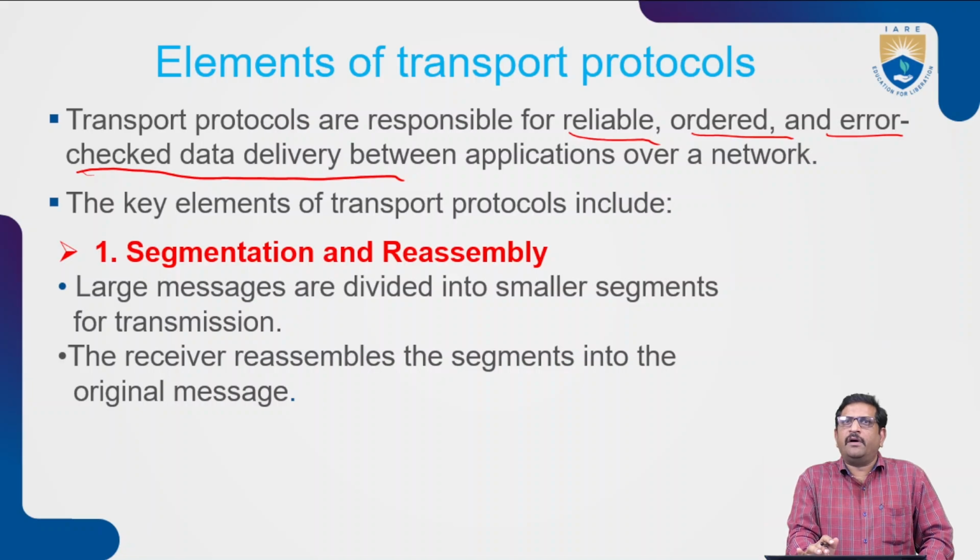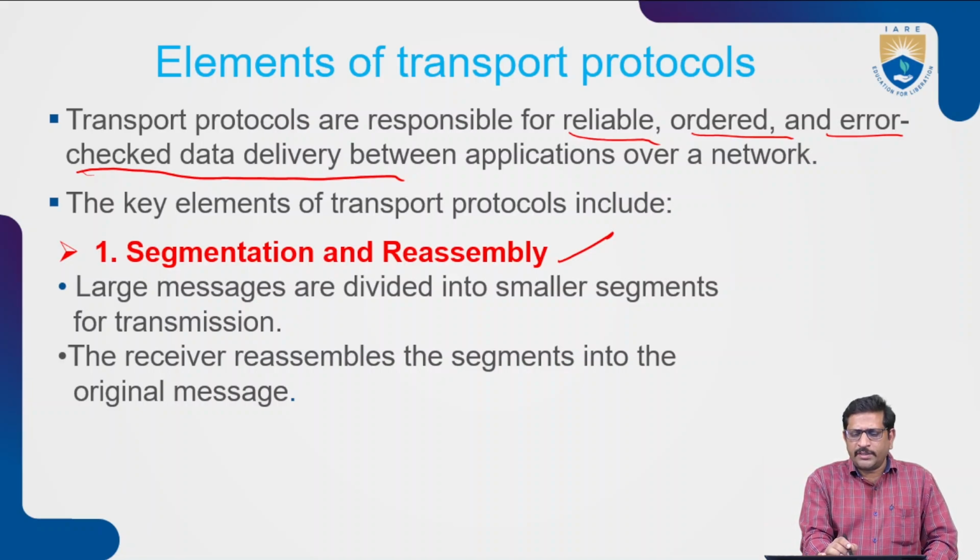Generally, among the elements of a transport protocol, we consider segmentation and reassembly. This is one element. What it does is divide large data packets or large information into smaller segments. Why?